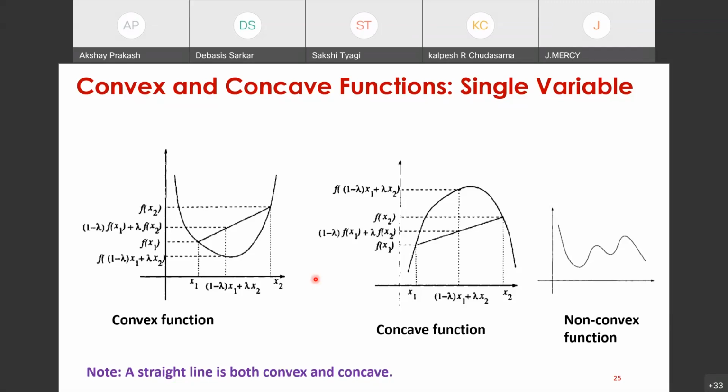So you immediately conclude that if you have a convex optimization problem, the global optimal solution is guaranteed. So a linear programming problem will have a global optimal solution. Let us not confuse this with multiple optimal solutions.